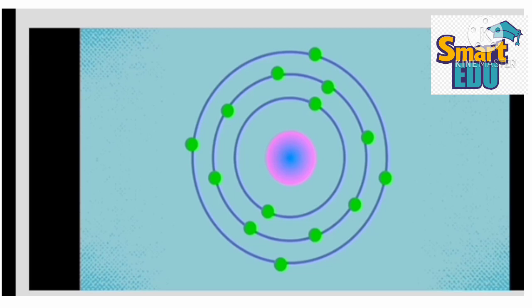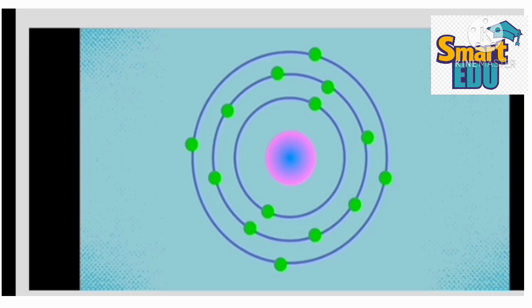Third, when an electron jumps from an inner orbit to an outer orbit, it absorbs energy equal to the difference of its energy levels, and when it jumps from an outer orbit to an inner orbit, it emits energy equal to the difference of its energy levels. I have put this picture for your reference.